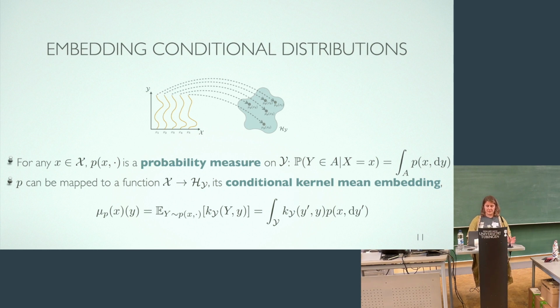To introduce a little bit of formalism, we'll refer to P_x as a conditional distribution, a measure on Y, and define the conditional kernel mean embedding of such a distribution as a function of x and y: the integral of the chosen kernel k_y, integrated over the measure P_x(dy).